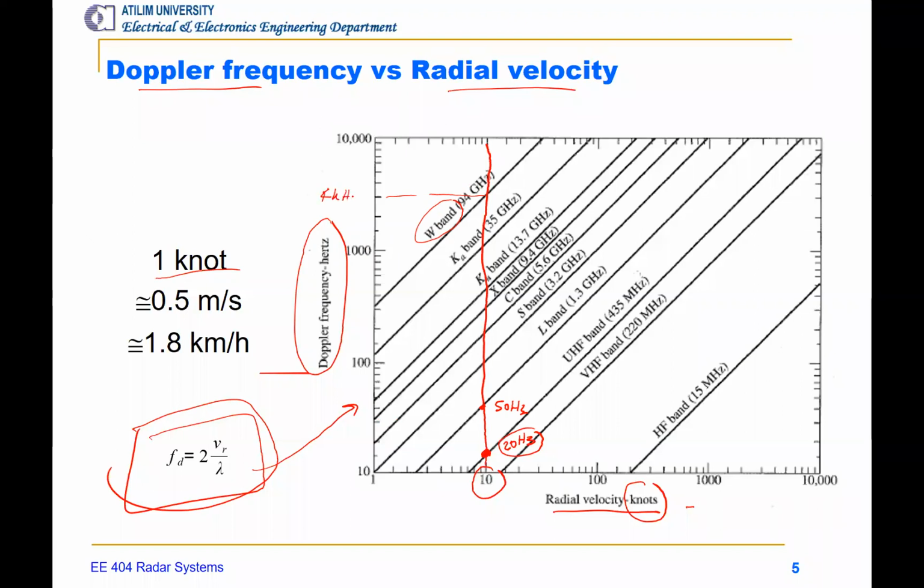So 4 kilohertz. You see how it varies, starting from several tens of hertz, going up to several thousand hertz by only changing the operational band.